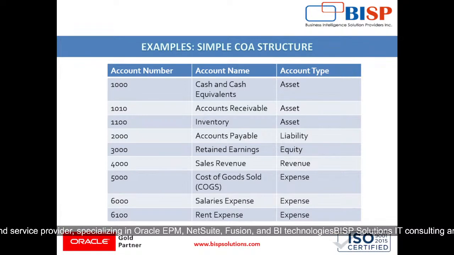And as I already mentioned, after 5000 we will consider miscellaneous expenses, or the expenses which are there but which we cannot enter in the above account types. So this is a simple COA structure from which we can understand in which account number, account name, and account type we have to enter the particular QB data.